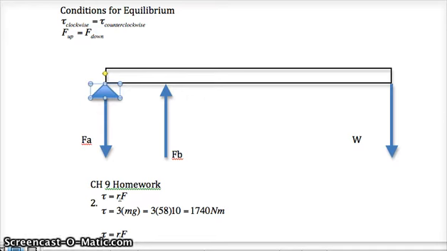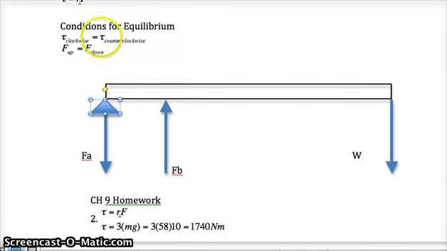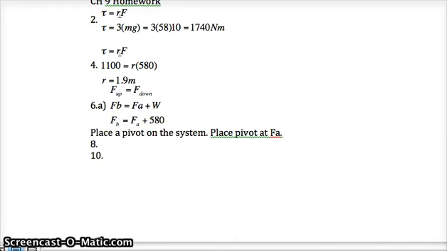So if that's where our pivot is, the FB is causing a torque that is counterclockwise, and the weight is causing a torque that's clockwise. So the clockwise force is from the weight. The counterclockwise force is from the FB.